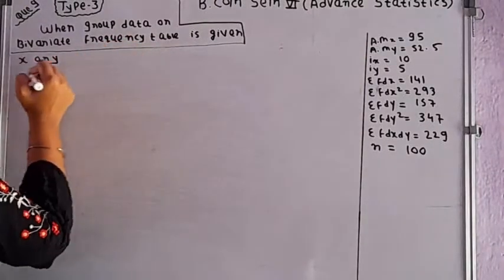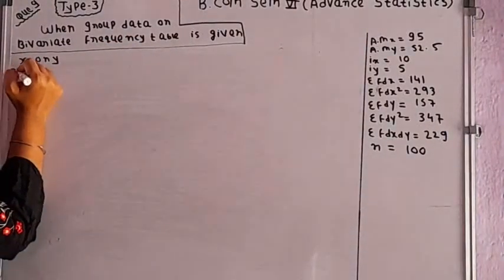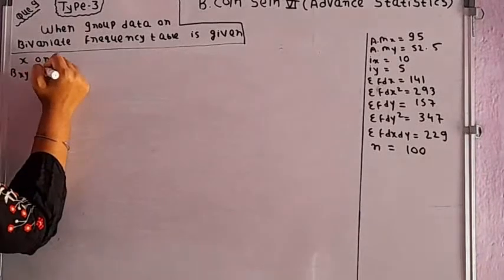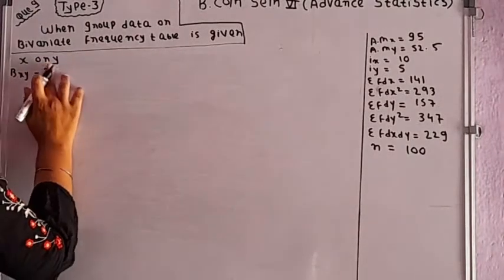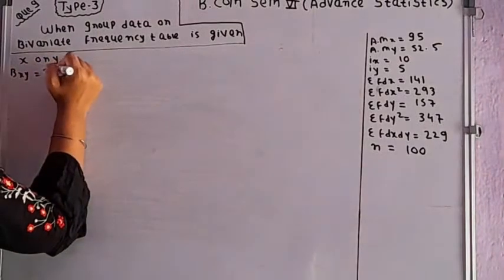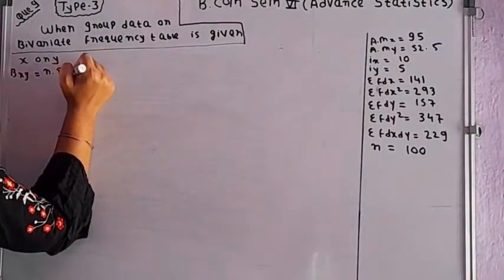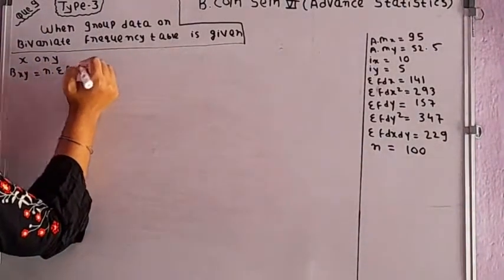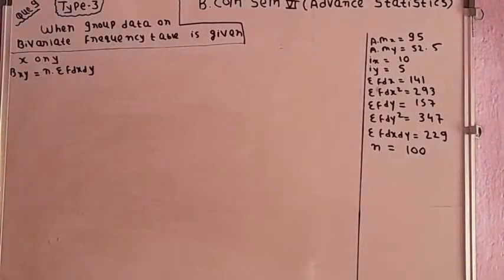Here we are calculating bxy. So n into, here the formula will be changed because we have been given a bivariate frequency distribution table. It will become n into summation f dx dy, because frequency is also there. Earlier we didn't have frequency, so we used to take summation dx dy. Now we have frequency, so we multiply frequency by each and every component.